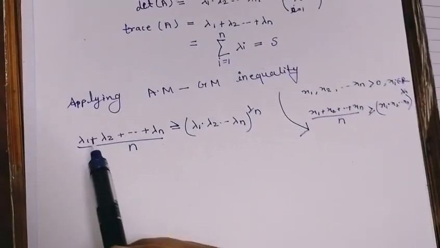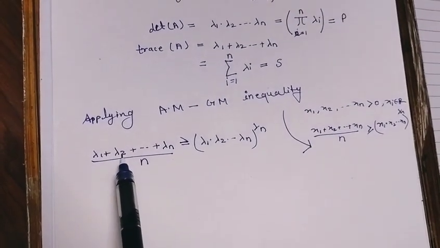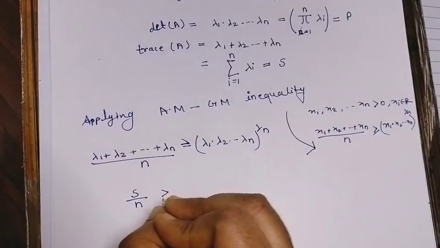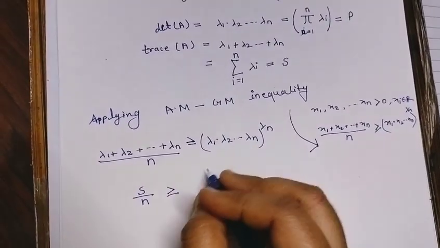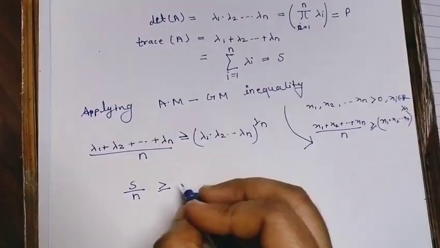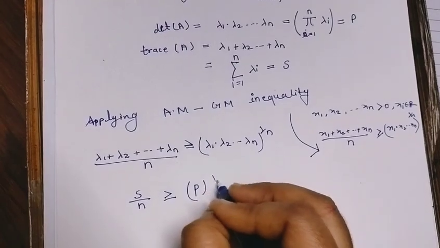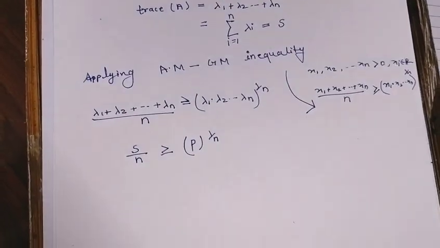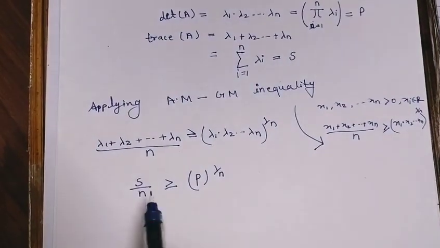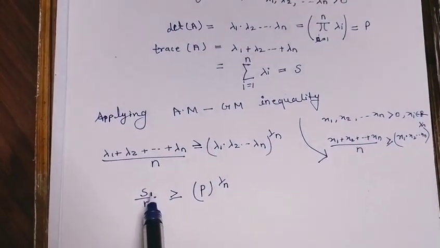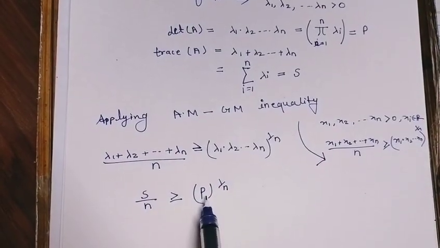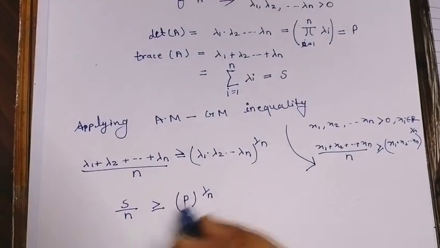I have denoted this sum as S, so I am writing it as S by n, which is greater than or equal to the product, which I have written as P, so P raised to the power 1 by n. Now S is my trace and P is my determinant.